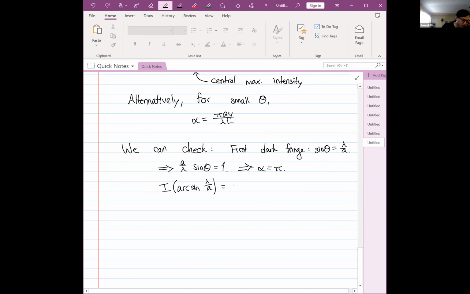This is just equal to I naught times sine of pi divided by pi, squared. And sine of pi is just 0. So this is a good check that our logic above agrees with the intensity formula: if you plug in the angle of the first dark fringe, you get an intensity of 0, which is exactly what you expect from a dark fringe.